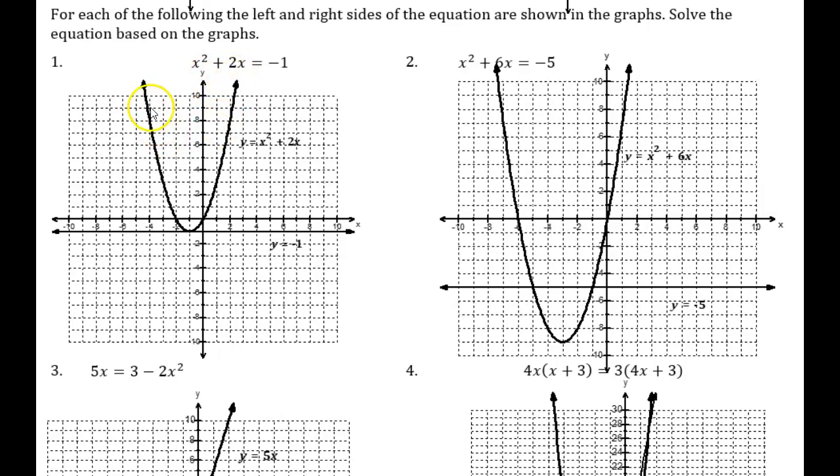When you graph these, the x squared plus 2x is a quadratic, so we've graphed that one here. Then we'll graph y equals negative 1. You make both of these graphs equal to y, and what you're looking for then is the intersection point. What's the x value that solves that?